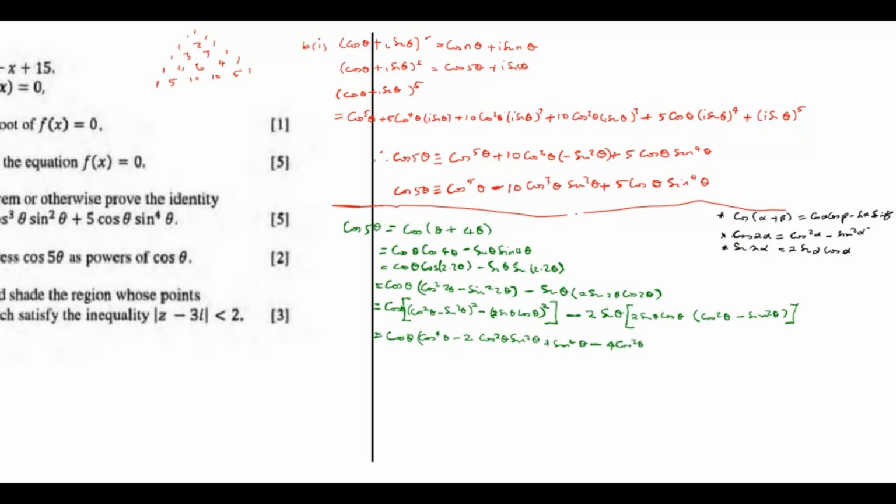Then we are having minus 2 sine theta. Simplifying this bracket, it's going to be 2 cos and cos, it's going to be cos cubed theta sine theta.